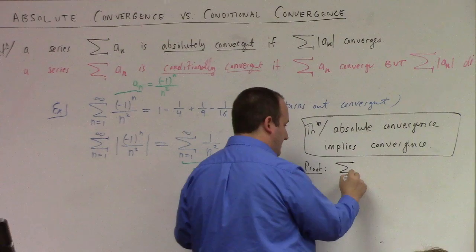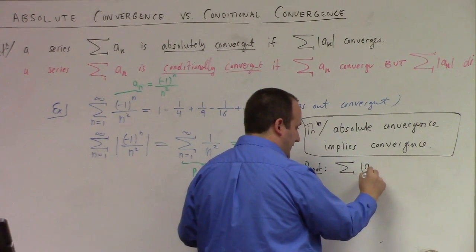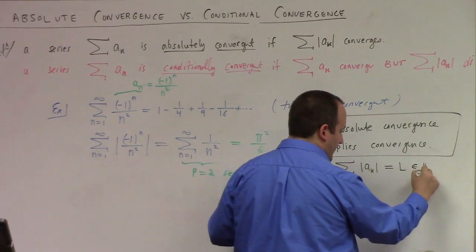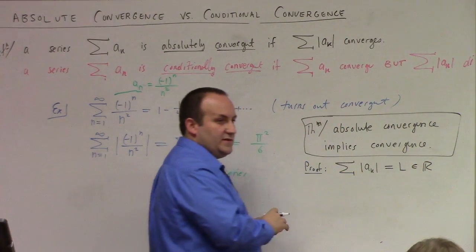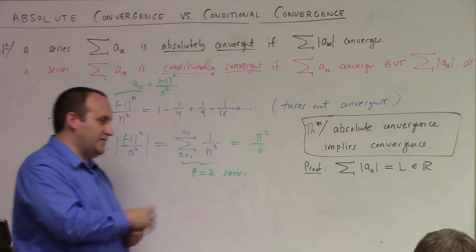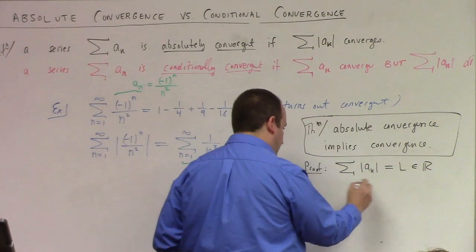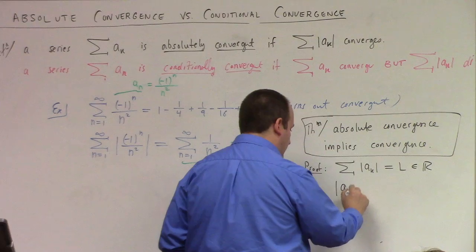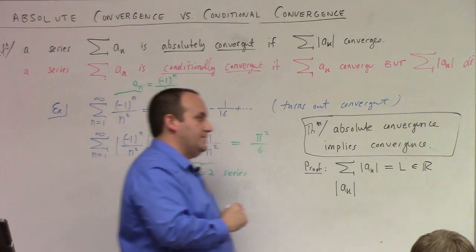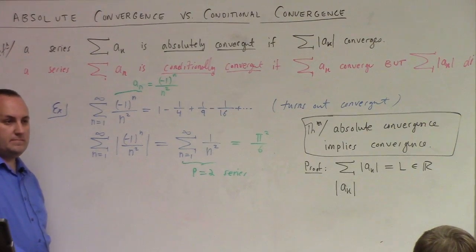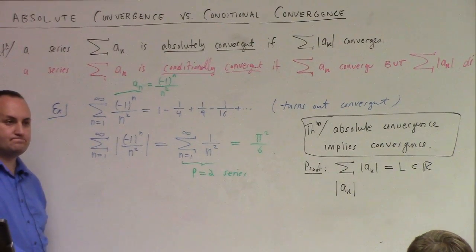Suppose the sum of the absolute value of a sub k equals L for some real number. In other words, suppose that the series of absolute values converges. How is the absolute value of a sub k related to a sub k?